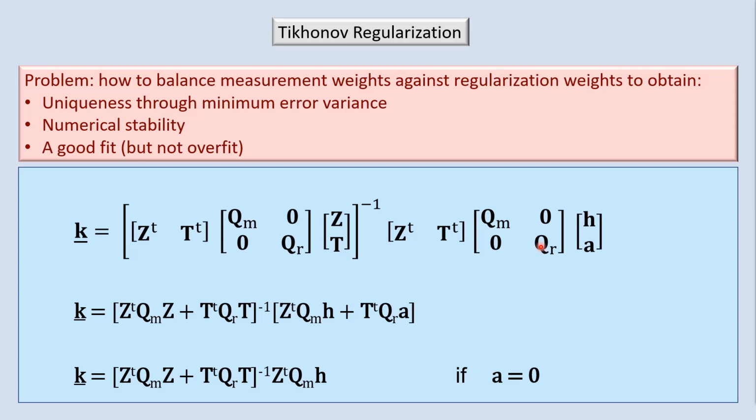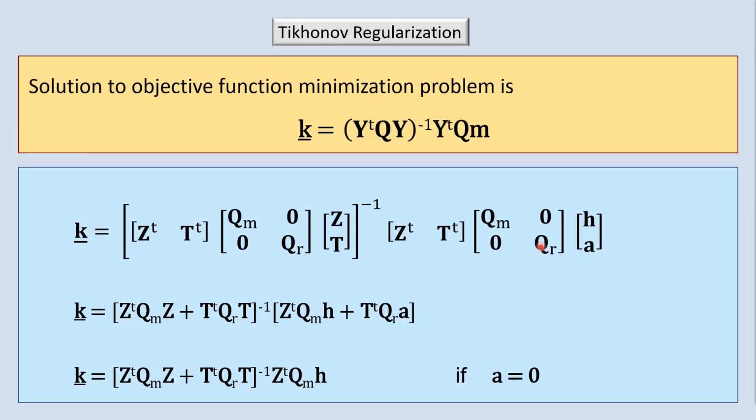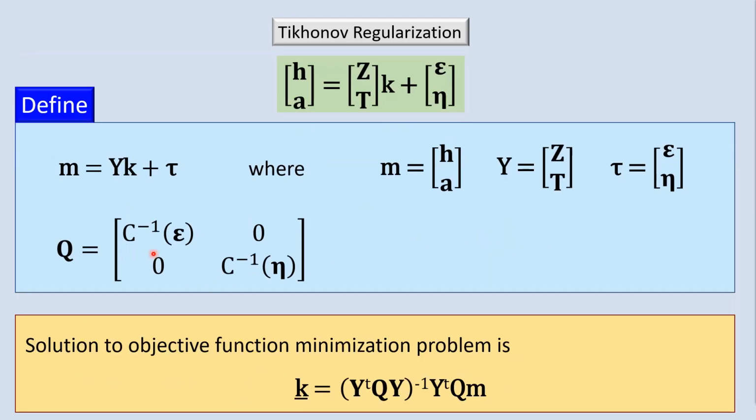Now, ideally, as we have discussed, QM should be proportional to the inverse of the covariance matrix of measurement noise. But it's more than measurement noise that causes model-to-measurement misfit. It's also structural noise, the imperfections of the model. We don't actually know C epsilon.